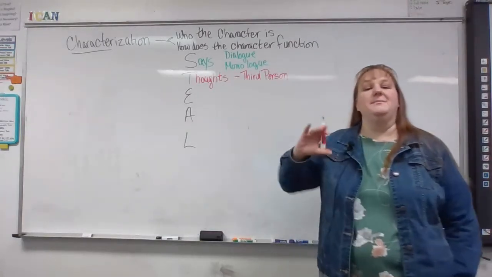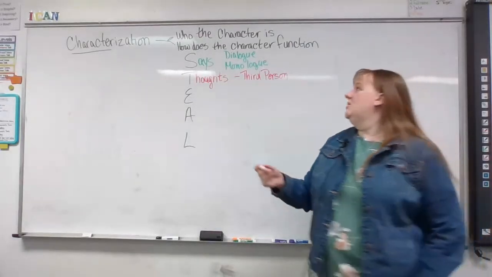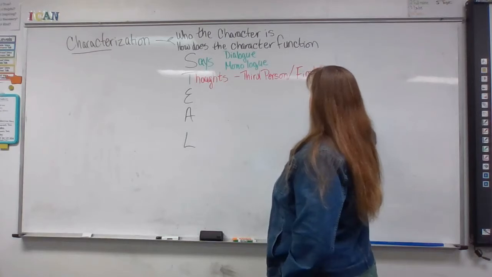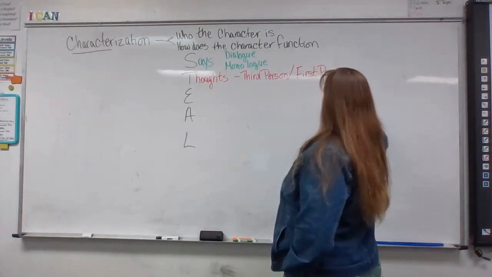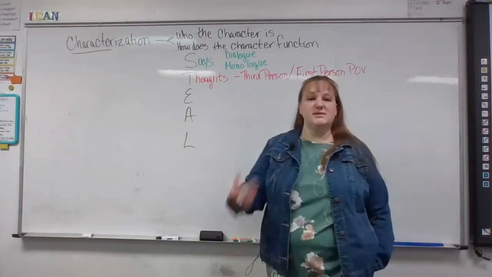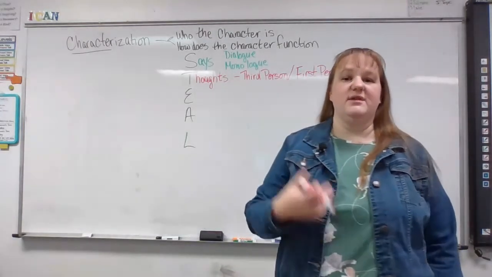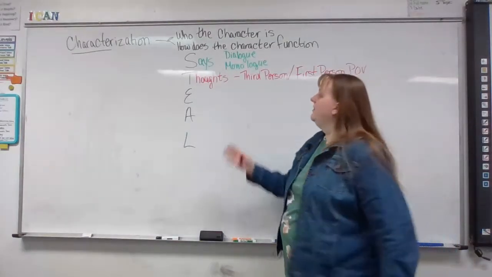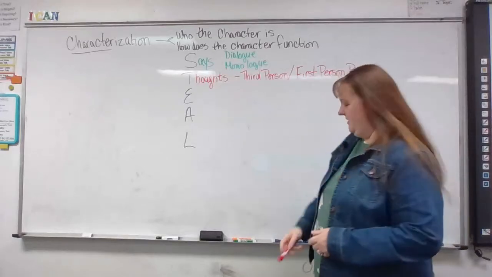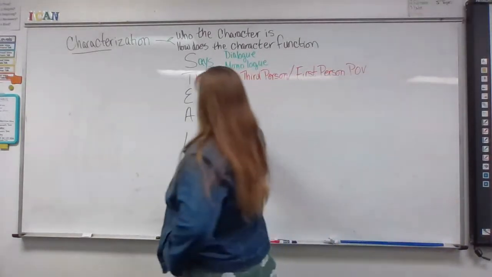If it's third person omniscient, I'm still going to get a great view because I know what that character is thinking. It also works well with first person. Okay? Because the character is speaking themselves. So they're going to tell me themselves what they think, what they feel. It's the character's thoughts. The next one, my lovely E, stands for the effect.